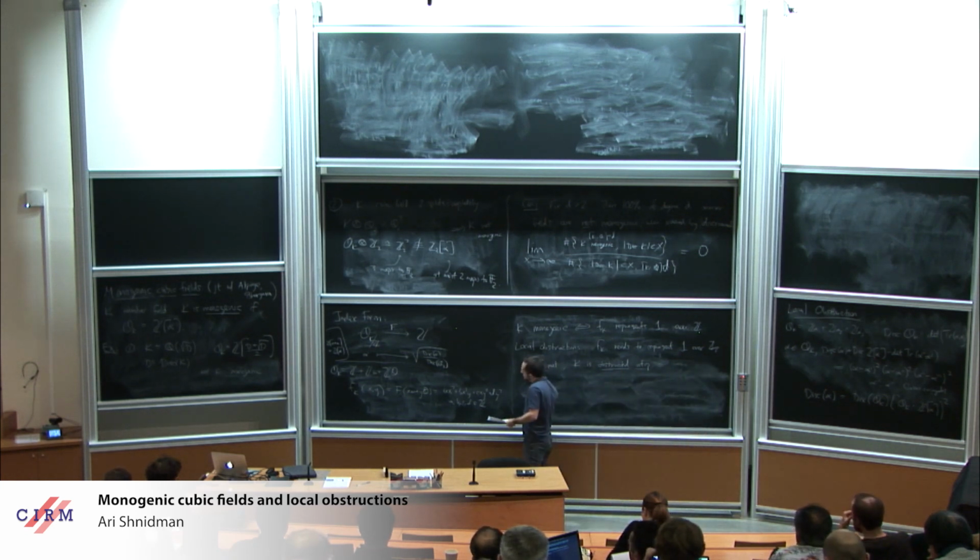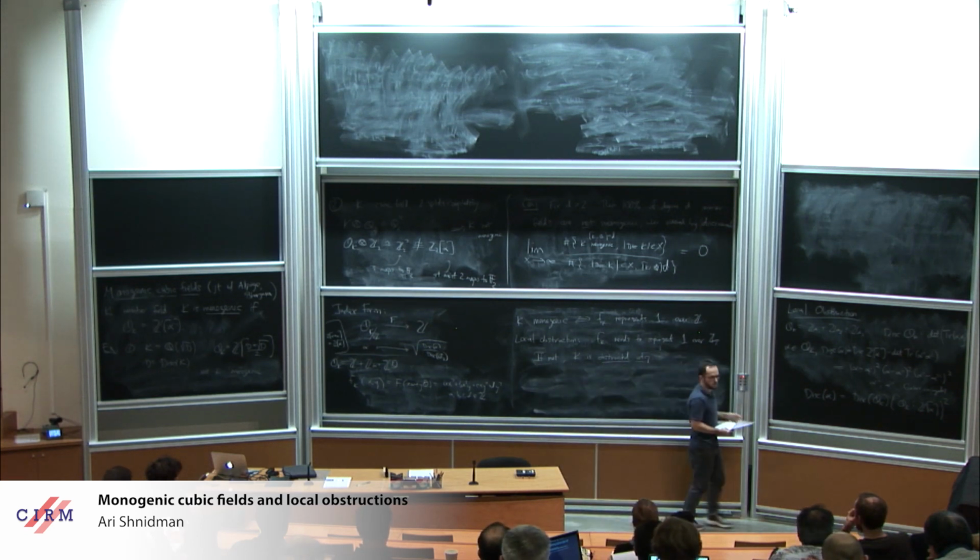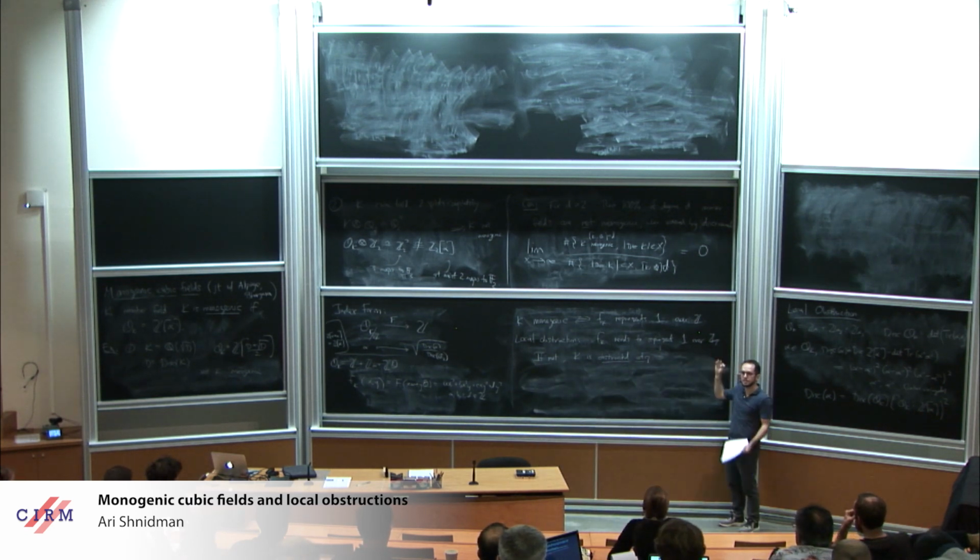And this is a local claim, whether it represents 1 over Z_p, and it's easy to figure out which cubic fields have this property, and it's easy to figure out for any fixed prime p, for example, the proportion of cubic fields that have this property.